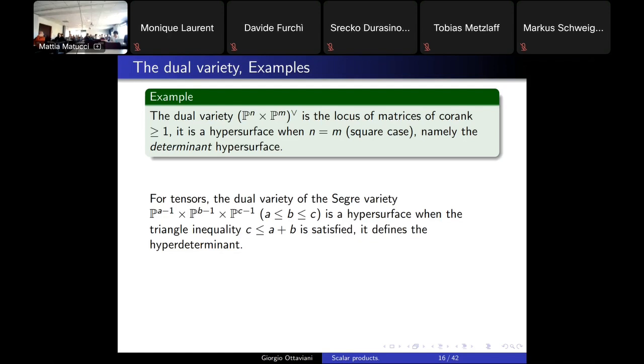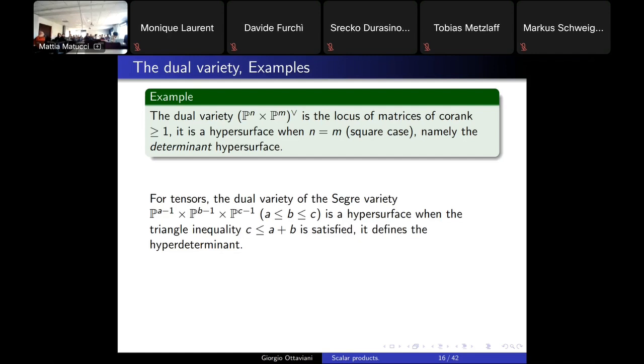Here it is codimension 1 if and only if the triangle inequality is satisfied. And this is general: the largest has to be smaller or equal than the sum of the others. And this condition, when there are 2 factors, is exactly square. So there is a continuous way of seeing it.